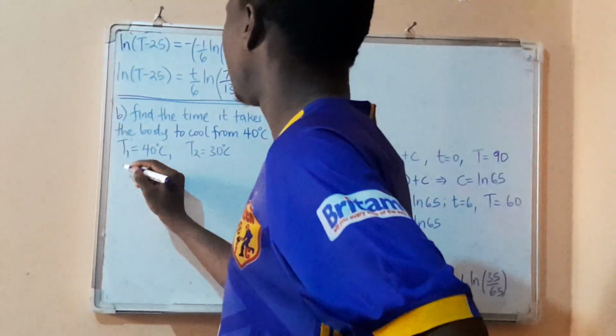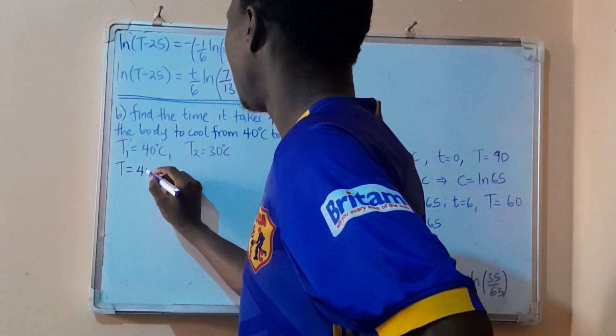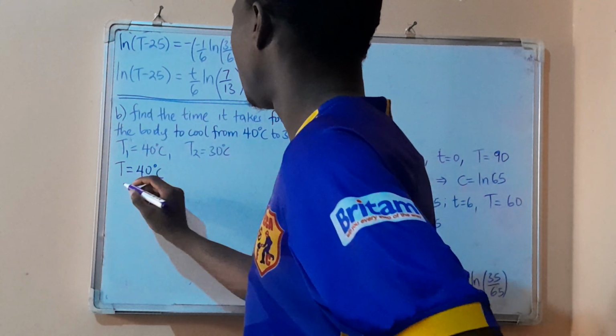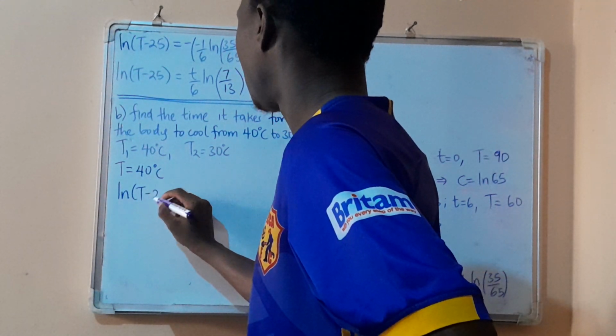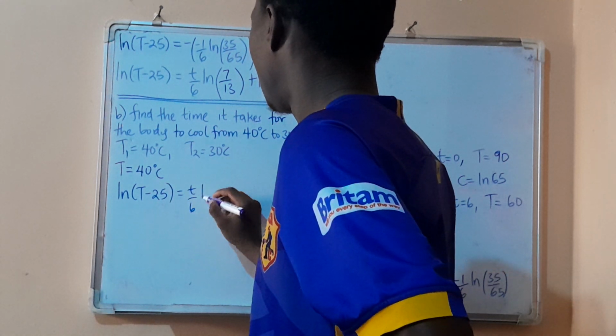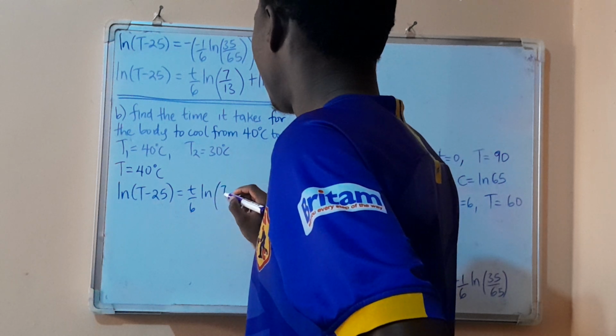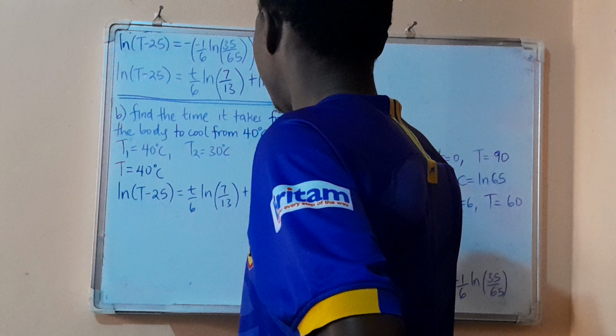So if T is 40 degrees Celsius, substitute in natural log T minus 25 equals T over 6 natural logarithm 7/13 plus natural logarithm 65.